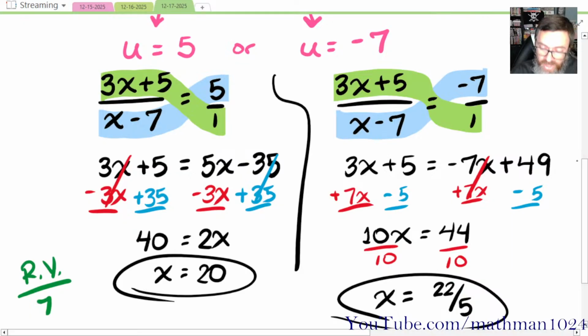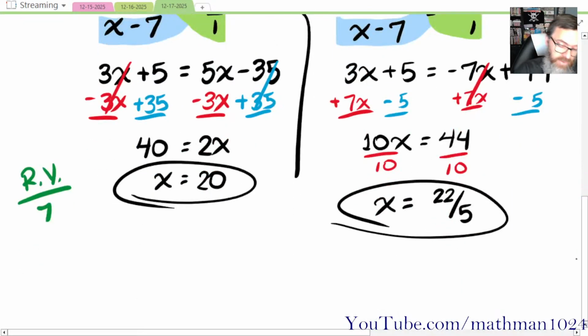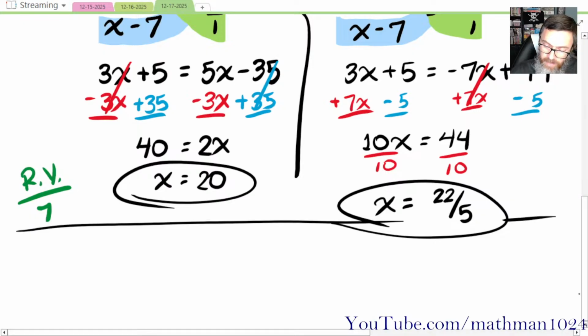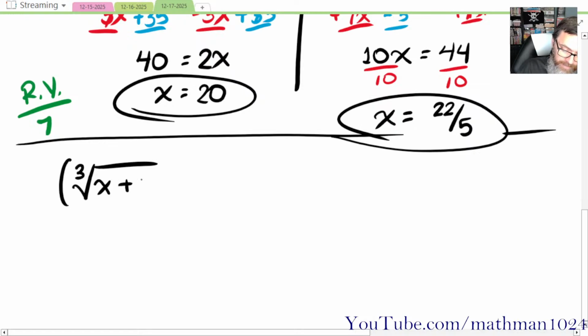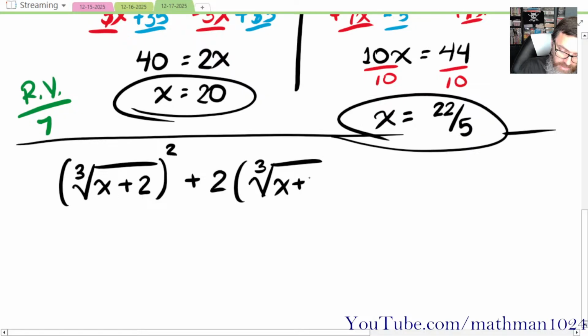Now, you could have expressions that are even more complicated than that. Suppose I had the cube root of x plus 2 squared plus 2 times the cube root of x plus 2 minus 35 equals 0.